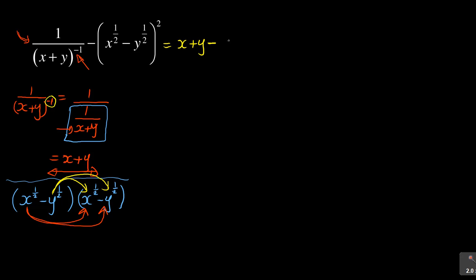Let's keep that in check, and then we've got your bracket. If I expand, using x times x, you can see that it is x to the power 1 over 2 times x to the power 1 over 2.